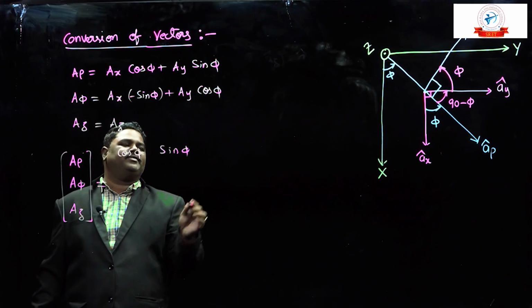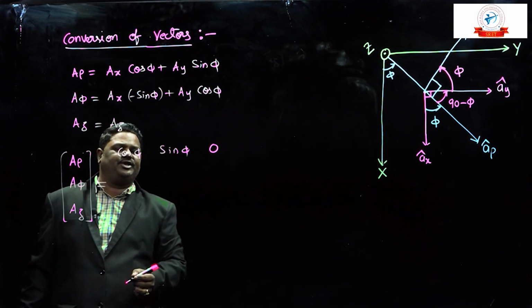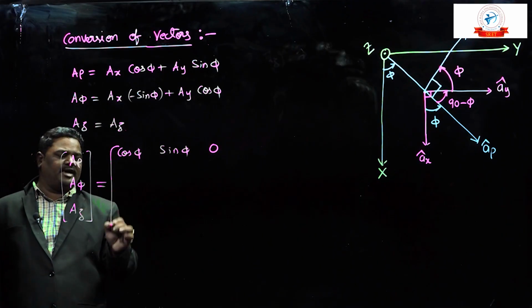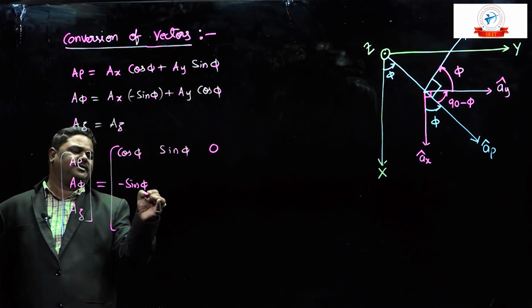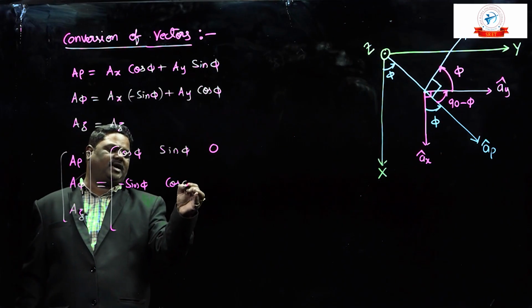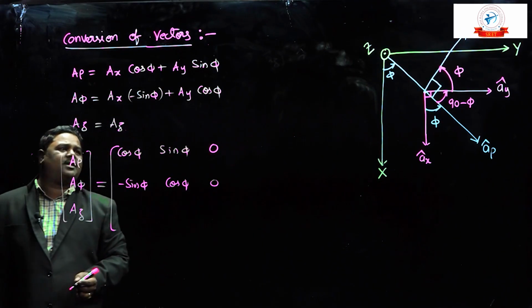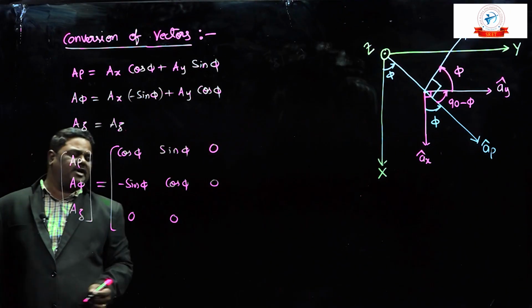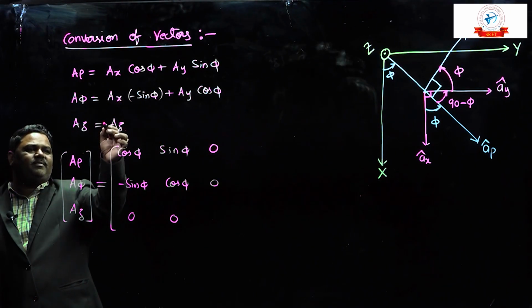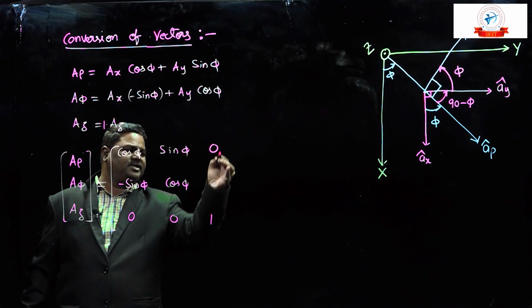What is multiplied with the z component? 0. Okay, or z component is absent. Okay, then here minus sin phi, cos phi, z component is absent. Okay, in this case x component is absent, y component is absent, z component is multiplied with 1. This is 1.